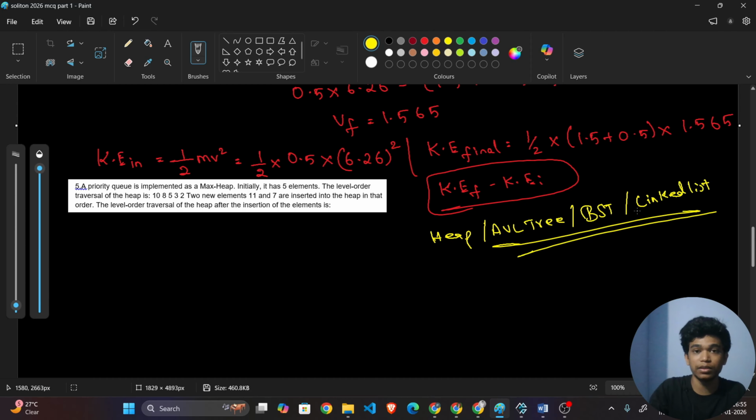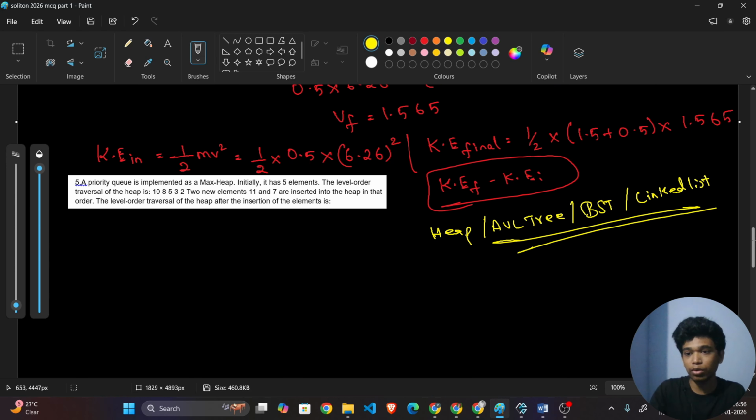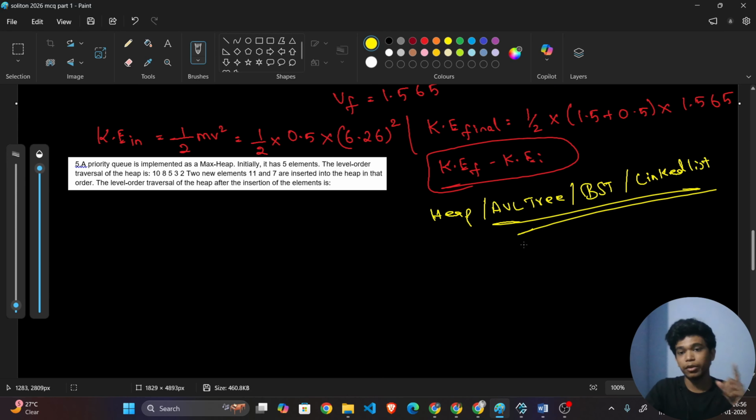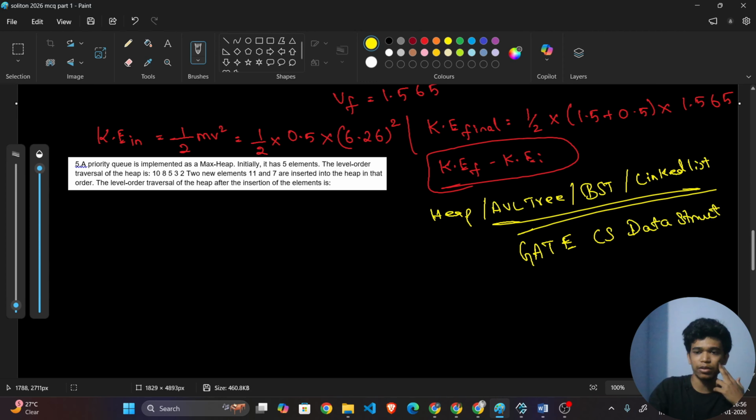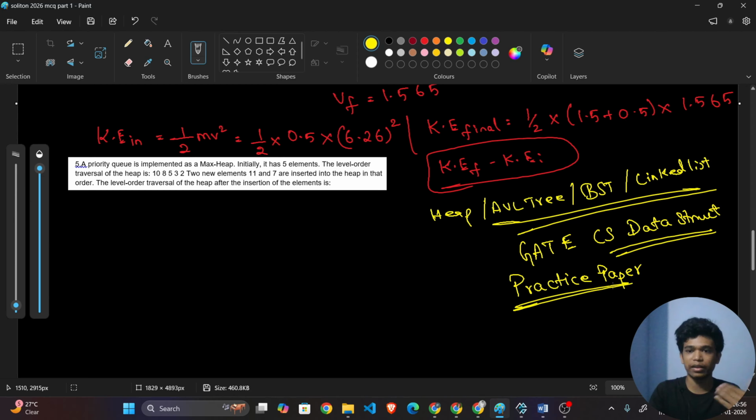If you want to be thorough with these kinds of questions, I strongly recommend you go and see GATE CS questions for data structures, where you can learn about these. The best website for this is PracticePaper, where you can find the GATE CS data structure questions and try to solve as many problems as possible.